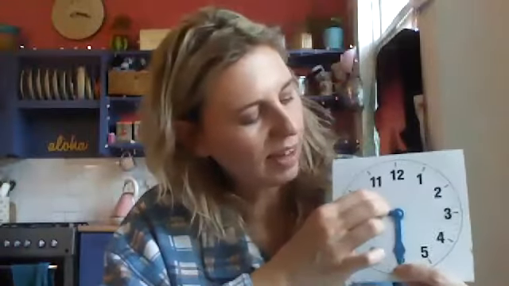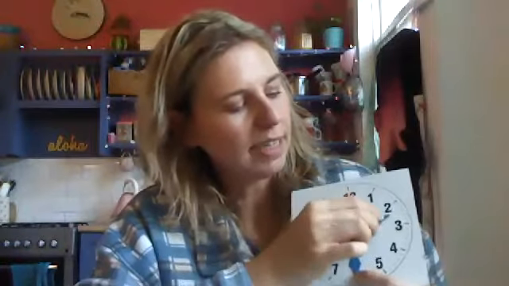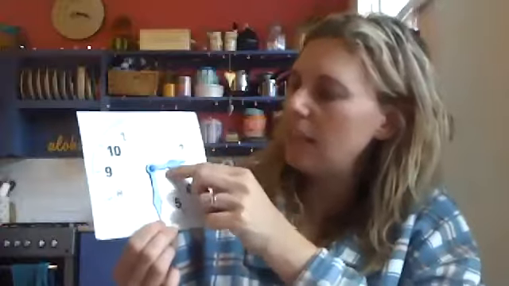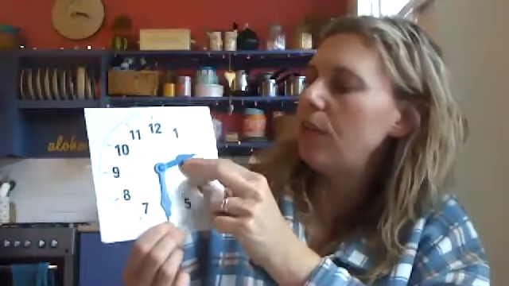So, if I have a look at this time, we can see that the big hand's on the 6, so it's half past, and the little hand has just gone a little bit past the 9, so it's half past 9. If I move my little hand again, the big hand is on the 6, so it's gone halfway around the clock, so it's half past, and it's gone past the 2, so it's half past 2.